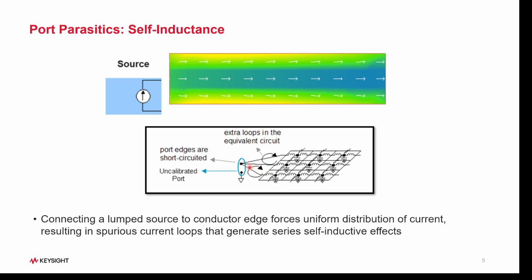It can be represented as a series inductance between the point where we're going to be connecting the circuit in circuit simulation and the actual structure. This is an important effect that at lower frequencies or with certain types of geometries is not going to have an impact, but in many cases it does have an impact, and that's one of the main reasons we're going to be using calibration techniques.